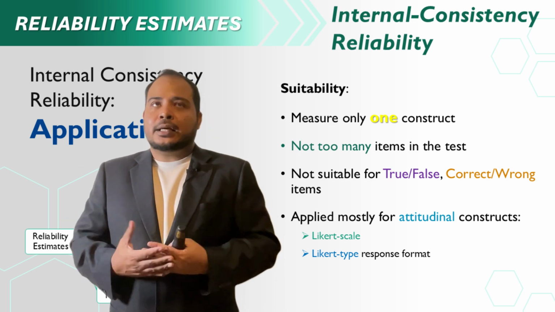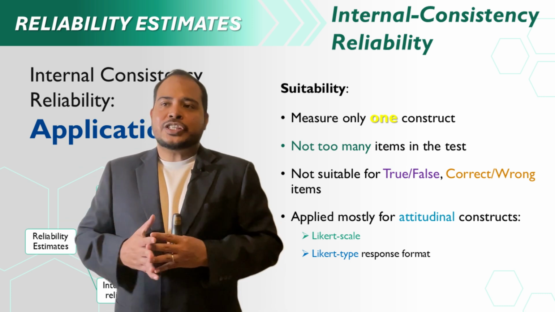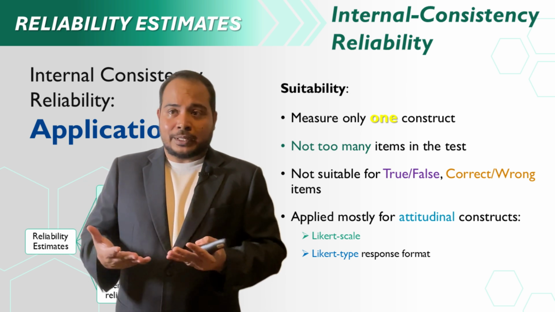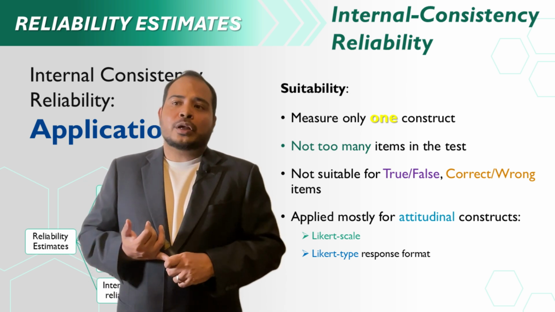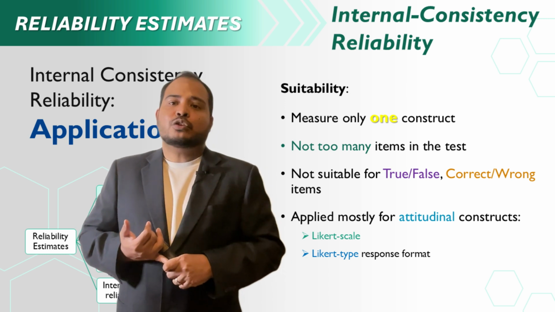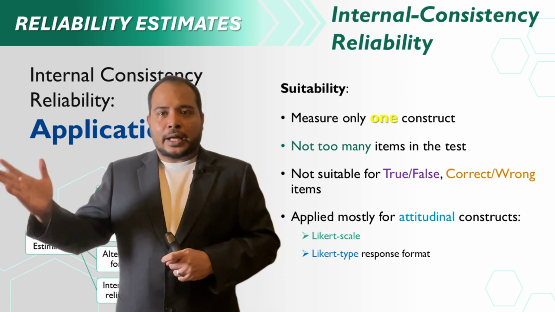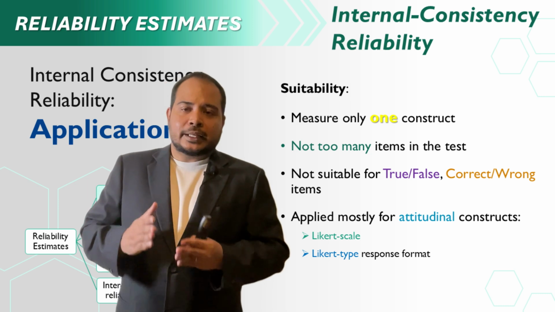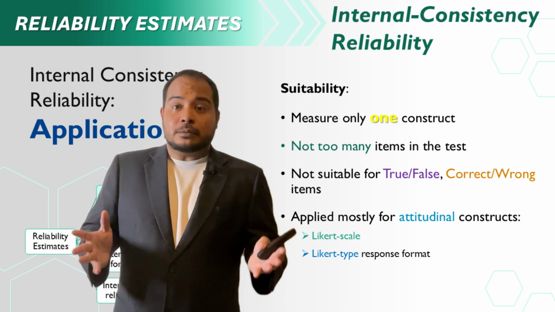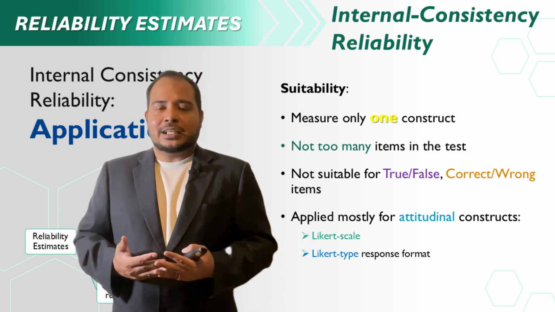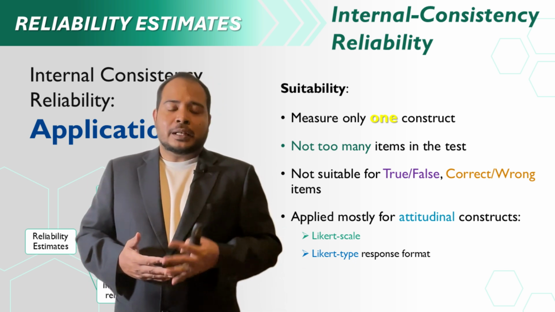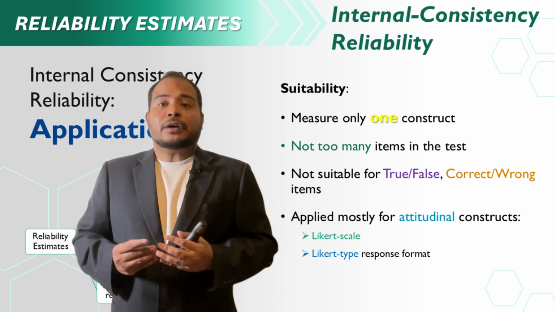Another aspect that makes internal consistency reliability suitable to be applied is that the test does not have too many items. If you look at the literature, you can see that there are different ranges of items that use internal consistency reliability. Some tests, for example life satisfaction scales, only have 5 items.